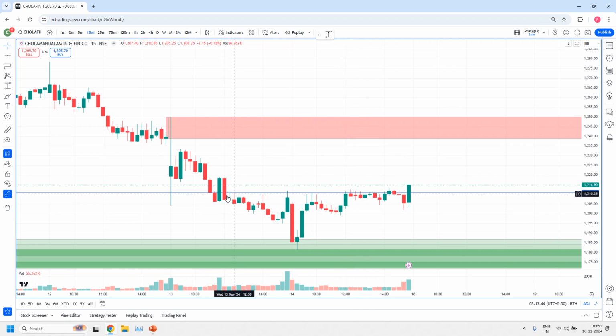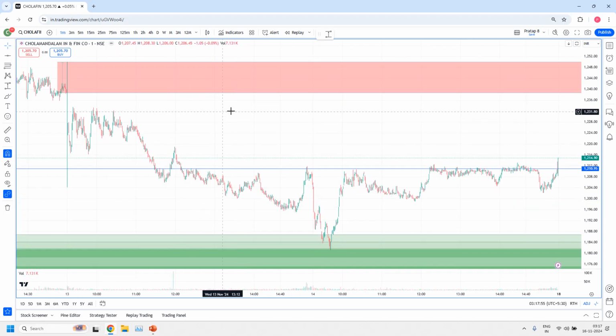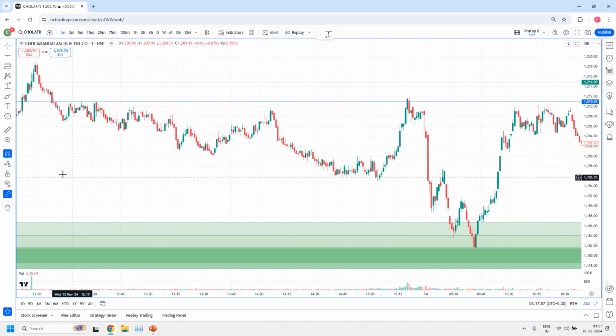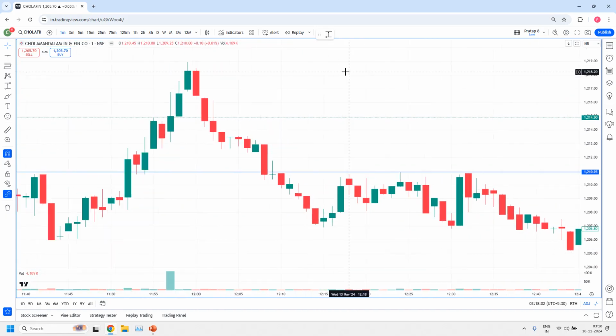Until this blue color line, because here we have resistance holding the prices, there could be lower time frame zones available. Actually, I went to 1 minute. In 1 minute also I didn't find a clear zone. Why? Because the leg out is not really great.